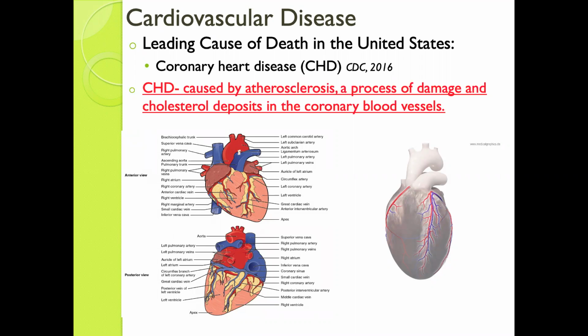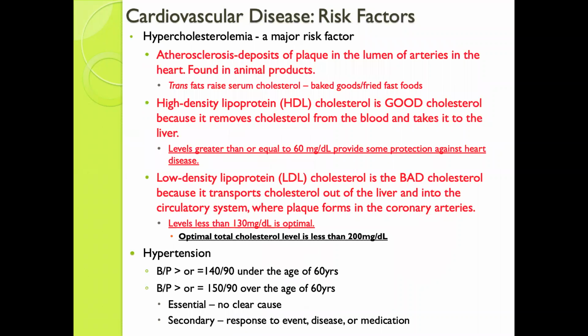To maintain heart-healthy conditions, we have to cut down on the cholesterol and triglycerides in our diet, and we have to have an exercise program that burns enough of those calories so that we don't gain a lot of weight. An example of a risk factor here, hypercholesterolemia, promotes atherosclerosis, the deposits of plaque in the arteries.